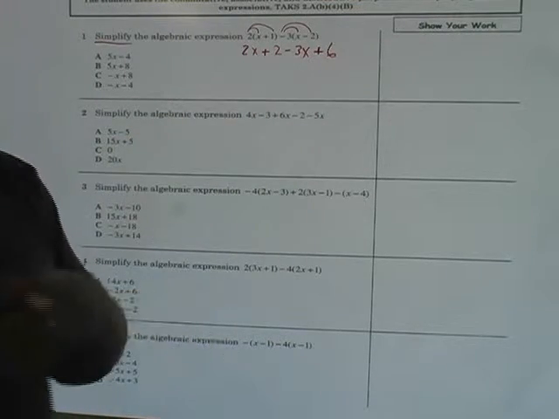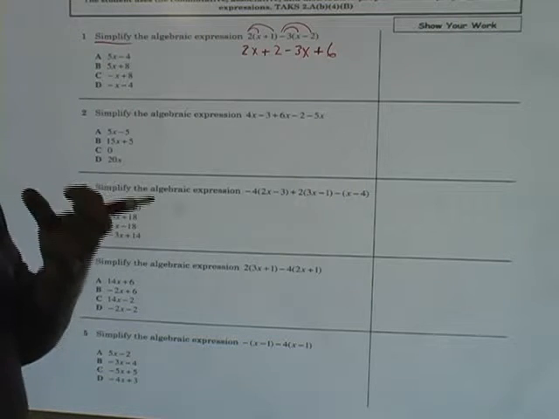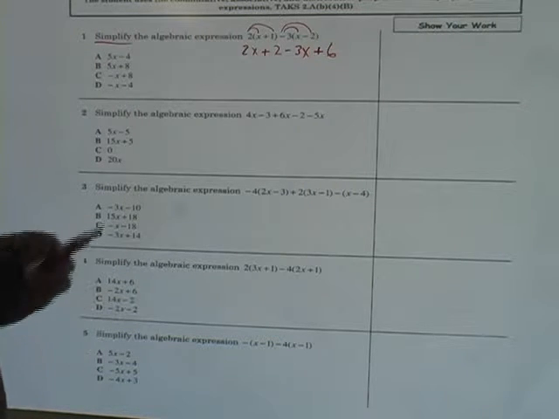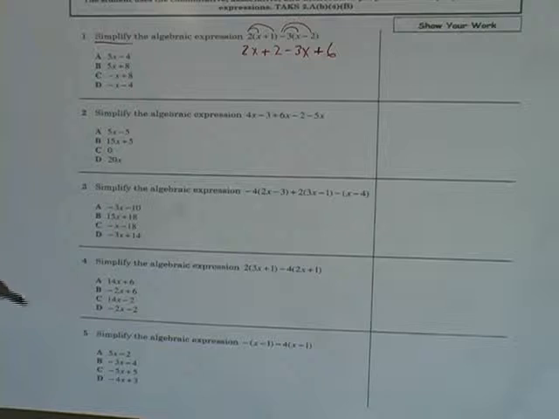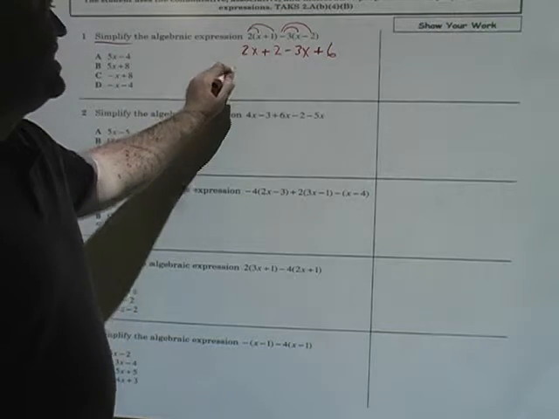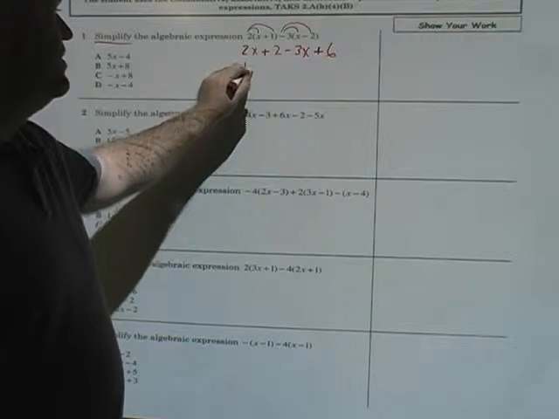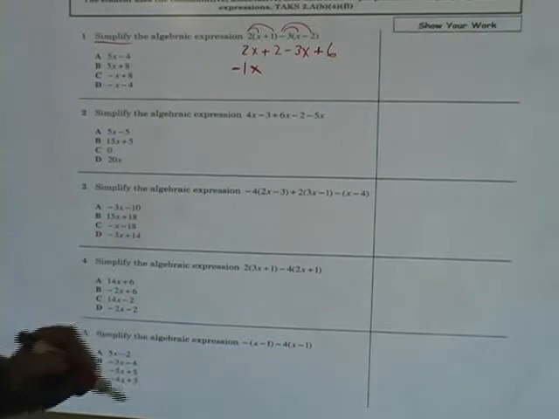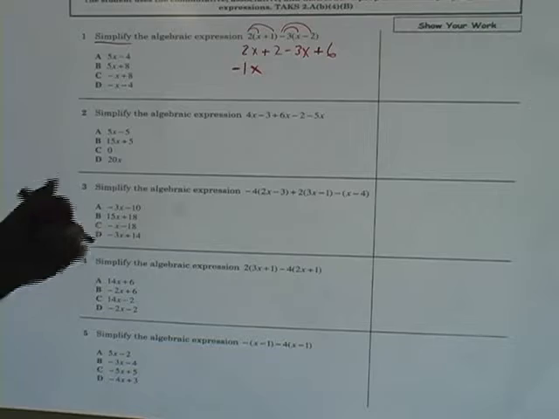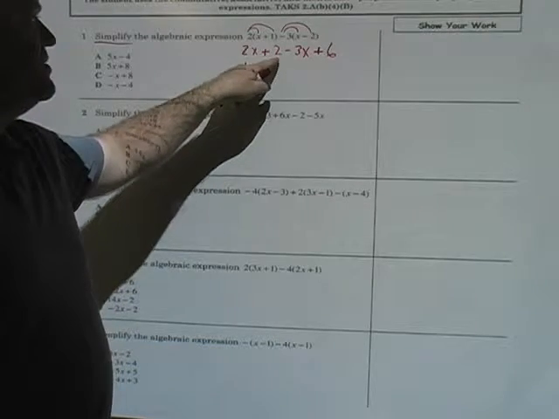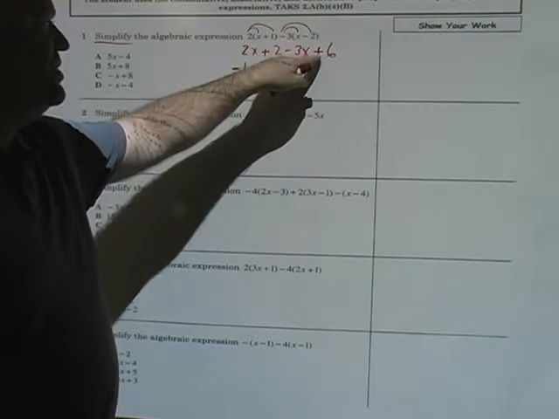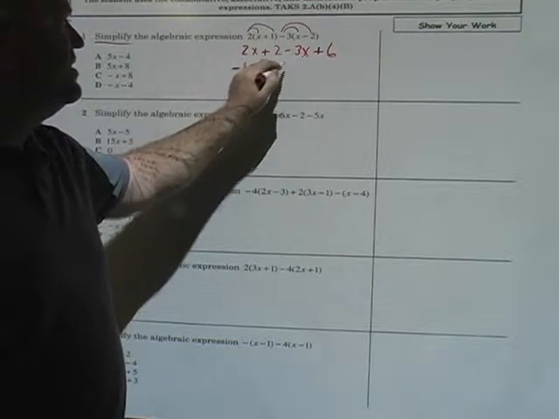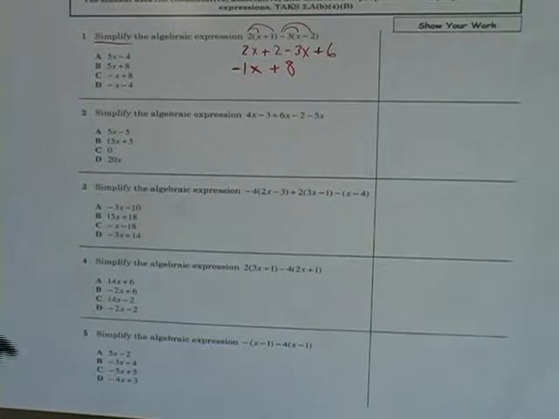Okay, if you're not sure of your sign number skills, go ahead and just put it in the calculator. 2 minus 3 is negative 1. Okay, and those are x's, so it's negative 1x. And then a plus 2 and a plus 6 makes plus 8.